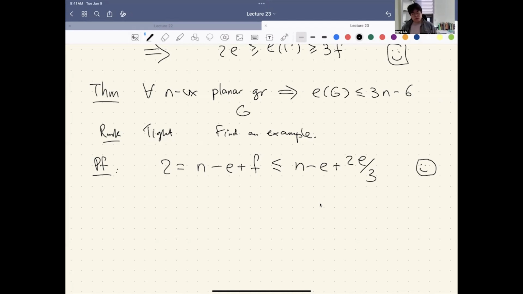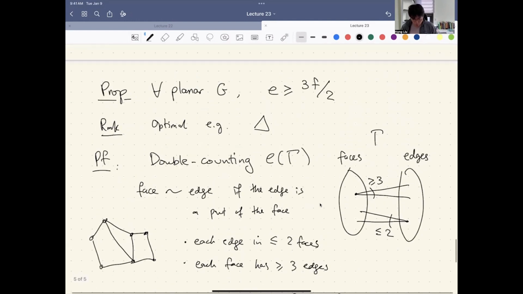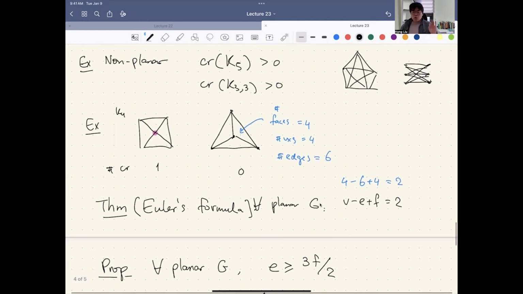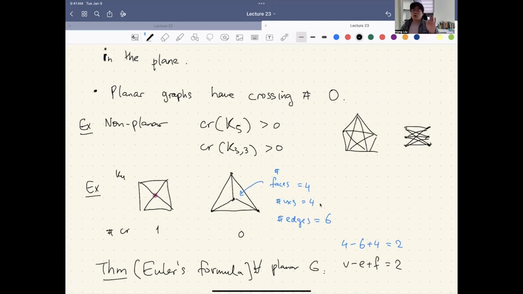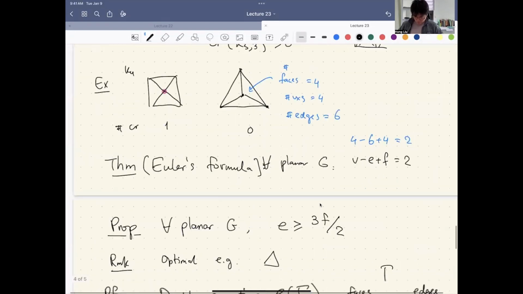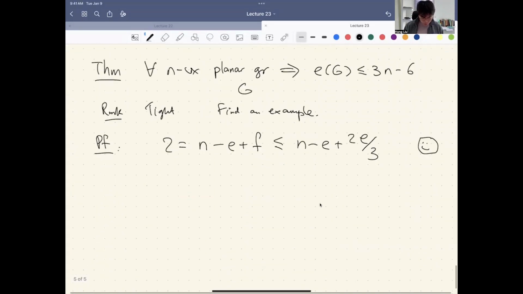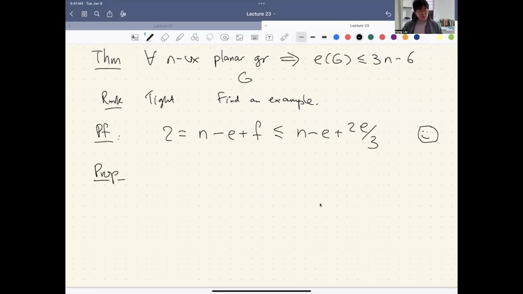Now, here comes the crossing part. So far, we're dealing with planar graphs. Now, for a general graph G, what we want to do is to get a lower bound on the number of crossings, the minimum number of crossings. So we want to lower bound the crossing number of a given graph. Okay. Proposition. Here's the first easy bound.